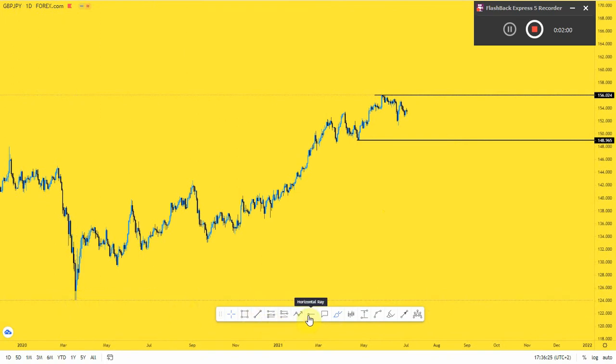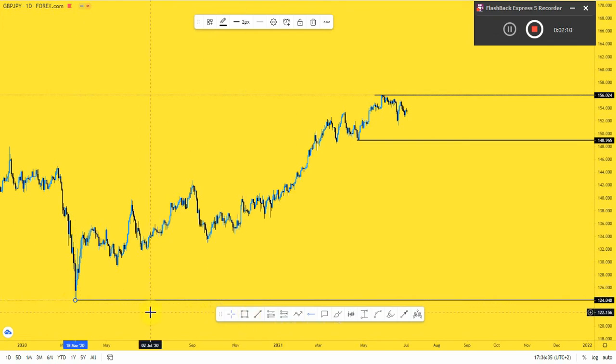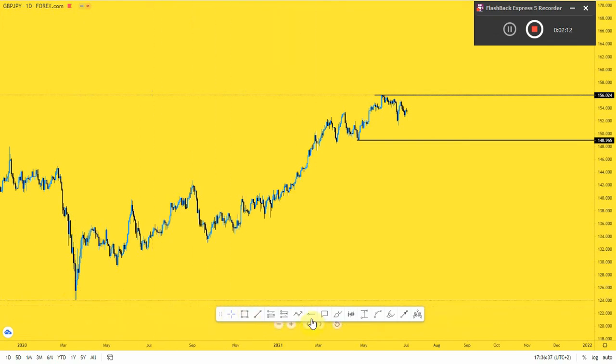How do you know that the market is bullish? Simple. We know the market is bullish when it forms higher highs and higher lows. So we have a low here, we have a high here, we have a low here, we have a high here. This high is higher than the previous high.